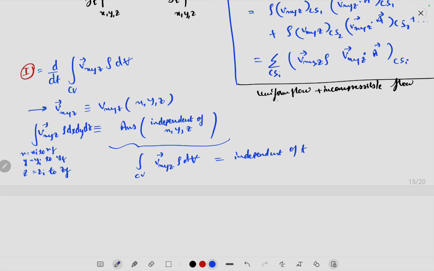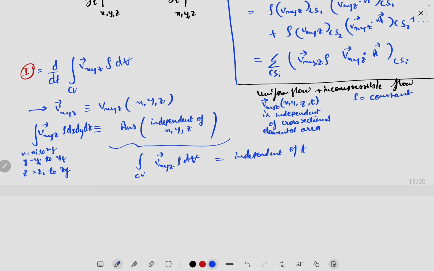So in that case, for uniform flow, we have Vxyz, although it is dependent upon the coordinate that you choose, and it is also dependent upon time, but it is independent of cross-sectional elemental area. And incompressible flow means that rho is a constant.